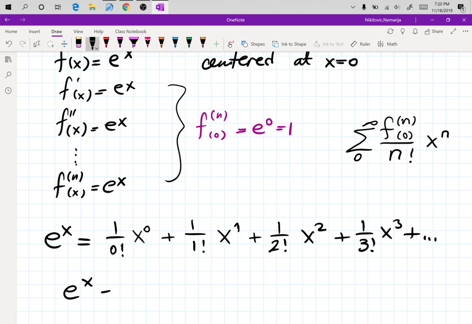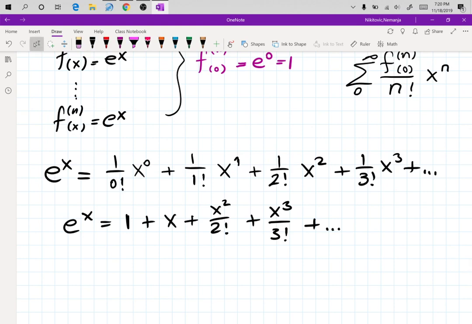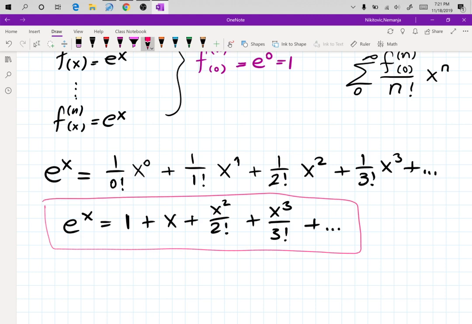So e to the x is equal to 1 plus x plus x squared over 2 factorial, plus x cubed over 3 factorial, plus dot, dot, dot, and there is your polynomial for e.